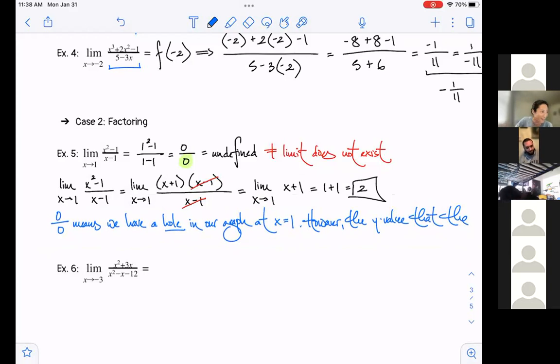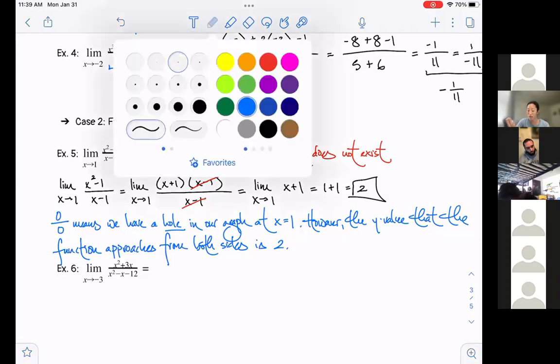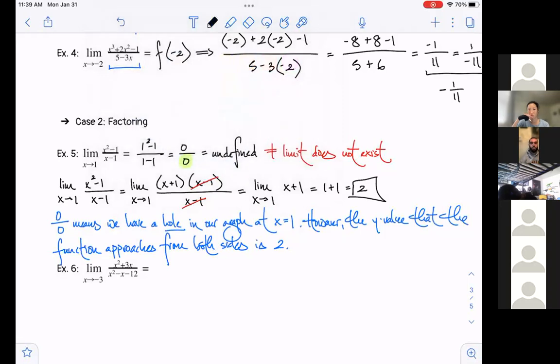Okay, so the y value that the function approaches from both sides is 2. Right, so 0 over 0 means we have a hole in our graph at x equals 1. However, the y value that the function approaches from both sides is 2.